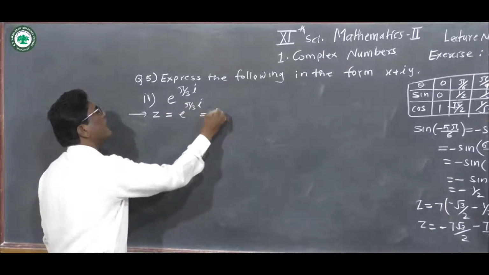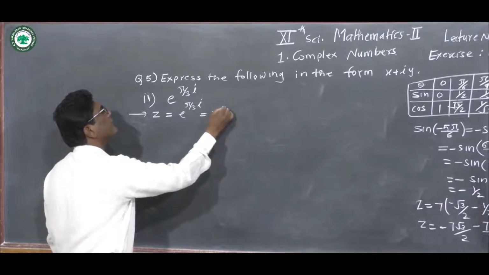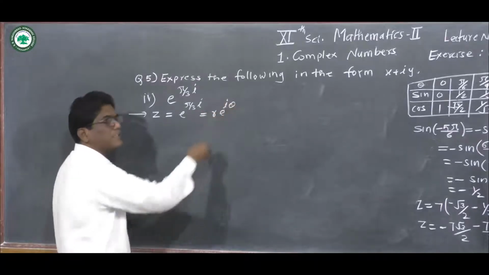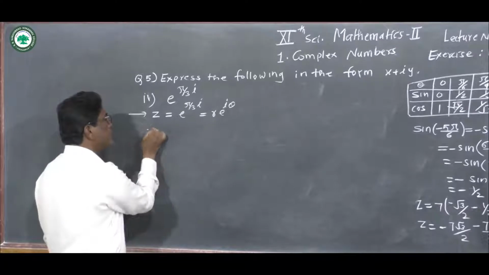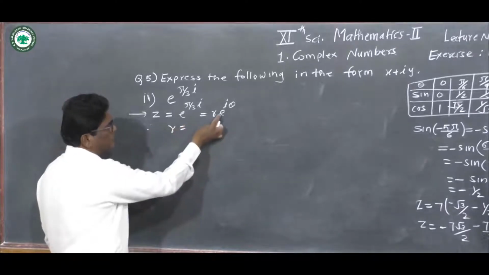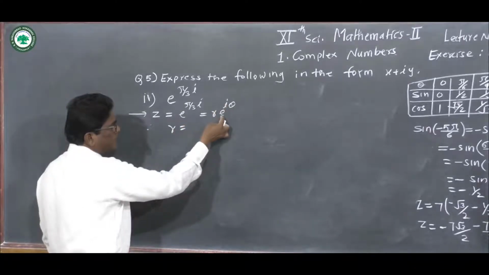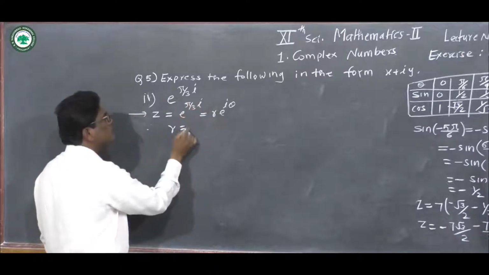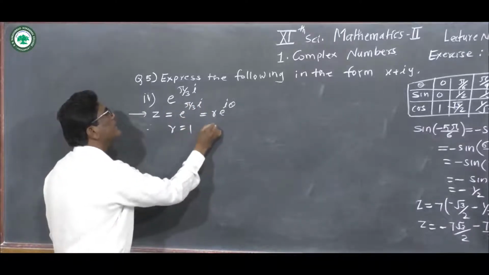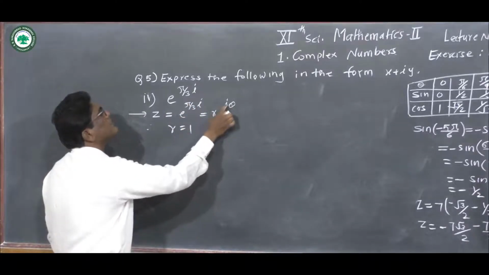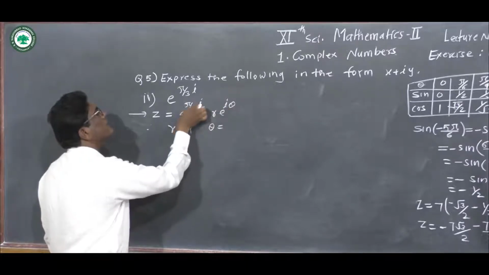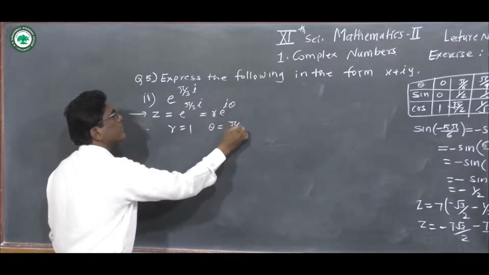It is equal to r into e to the power i theta. We compare with the exponential form, and therefore we get r equal to the coefficient of e to the power i theta. The coefficient of this is 1, so r is equal to 1. And theta is the coefficient of i, here pi by 3, so theta is pi by 3.